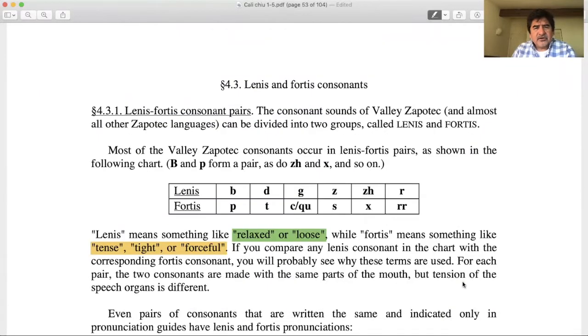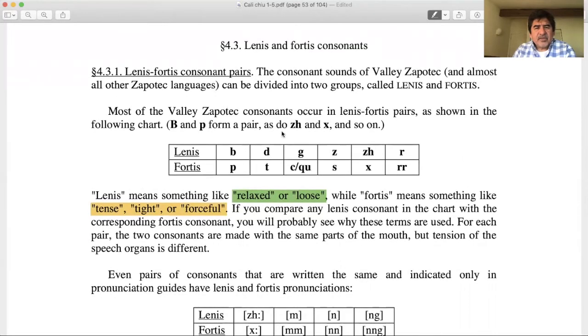This is a contrast pair that we find in a lot of Valley Zapotec and almost all other Zapotec languages, and they are divided into two groups called lenis and fortis. On this table, on the first row, we have lenis and then fortis.